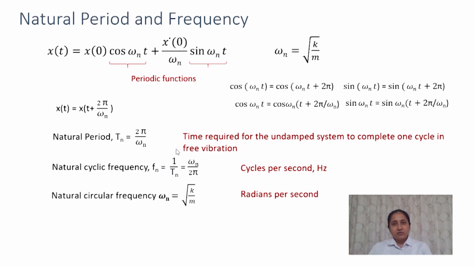And we have one more frequency known as natural circular frequency, which is equal to omega n. We have already defined this. It is equal to root of k by m. This indicates how many radians are covered in each second. So omega n is the natural circular frequency of the system.